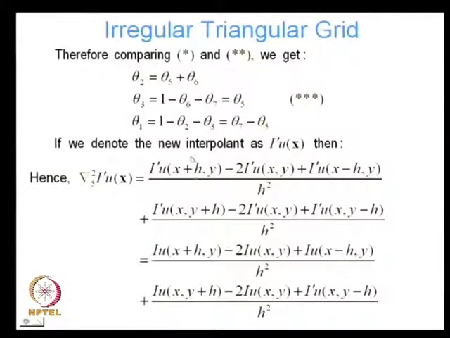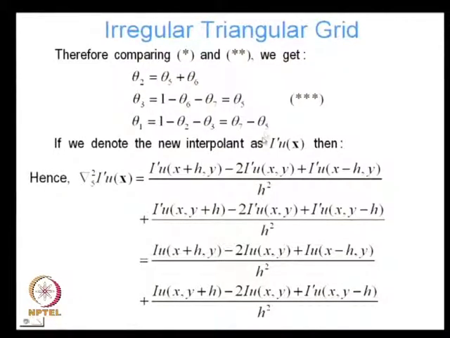I get theta 2 is equal to theta 5 plus theta 6, theta 3 is equal to 1 minus theta 6 minus theta 7, which is equal to theta 5, since all the barycentric coordinates must sum up to 1. And theta 1 is equal to 1 minus theta 2 minus theta 3, which, pulling these two together, I get theta 7 minus theta 5.